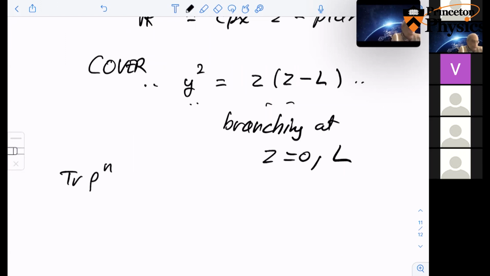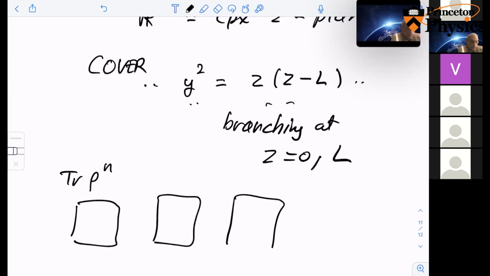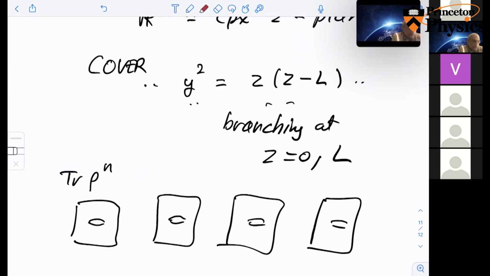Now, if we want trace rho to the n, it would be similar. We would have a bunch of copies of rho, each represented by path integrals on cut planes. And then, to get trace rho to the n, we would glue the upper part of the cut on one sheet to the lower one on the next, and keep doing that.